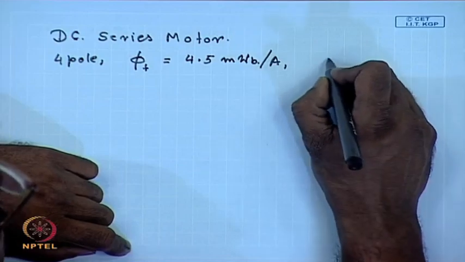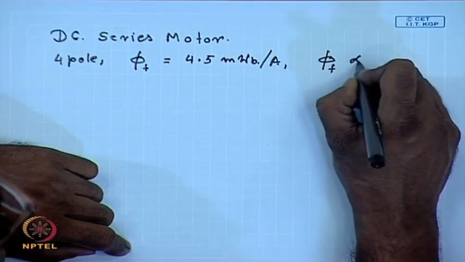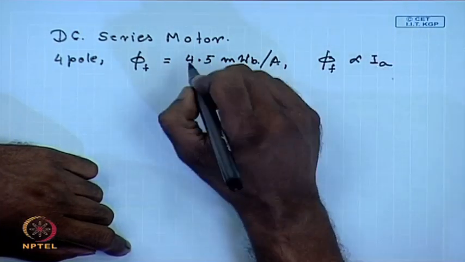We are assuming that phi f is proportional to I a, that is linear magnetization characteristics.